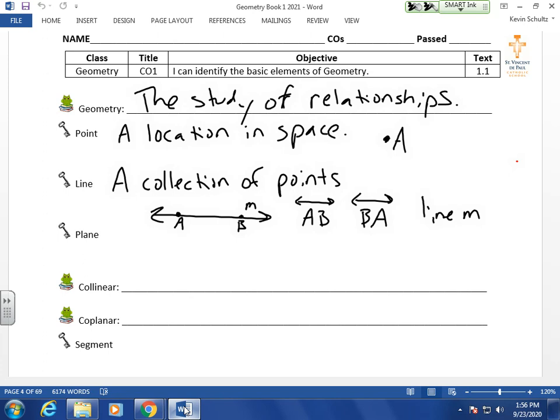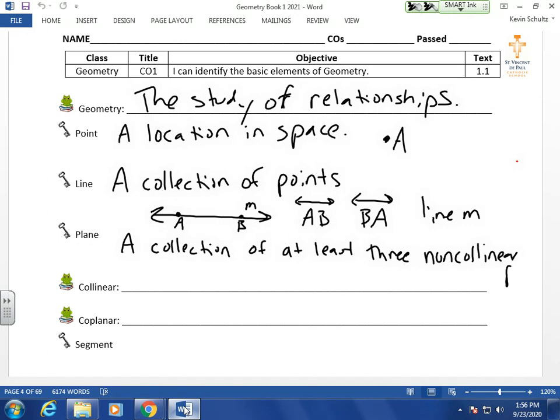But that's why we use capital letters for points and lowercase letters for other things, just to distinguish between the two. Okay? A plane is a collection of at least 3 non-collinear points.